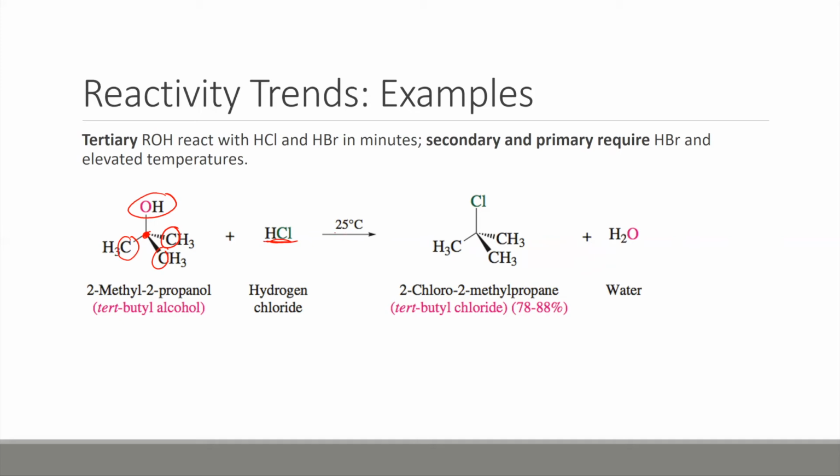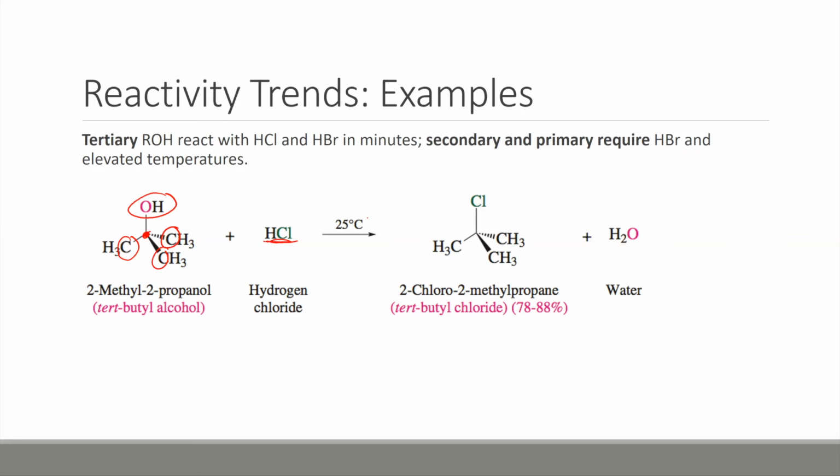And this is 25 degrees Celsius. So if you have any basis of Celsius, 25 degrees Celsius is not too warm. It's a little cooler than room temperature. And so this reaction will happen in a cooler environment.